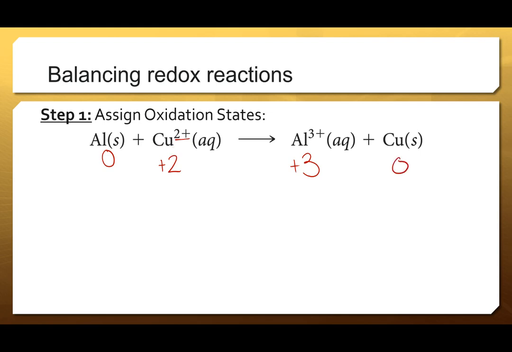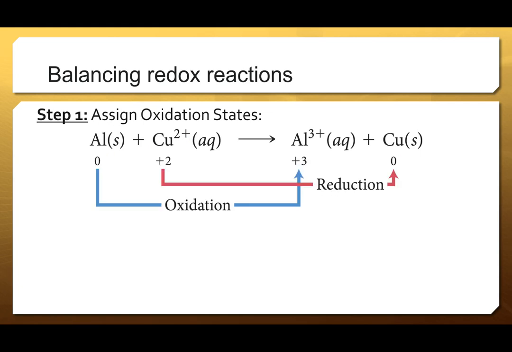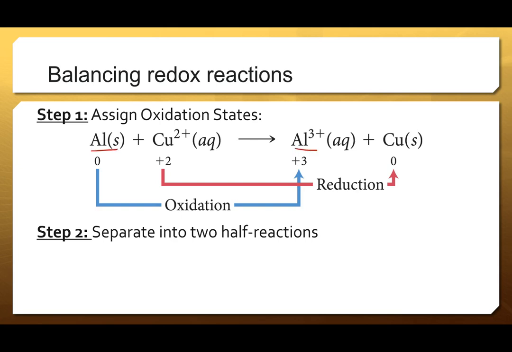All right. So step 2 is to separate this into the 2 half reactions. So what we're going to do is put aluminum in its own reaction. Aluminum solid is going to become aluminum with a 3+ charge, and that's going to be aqueous.